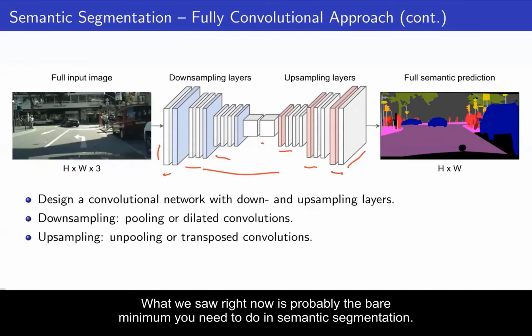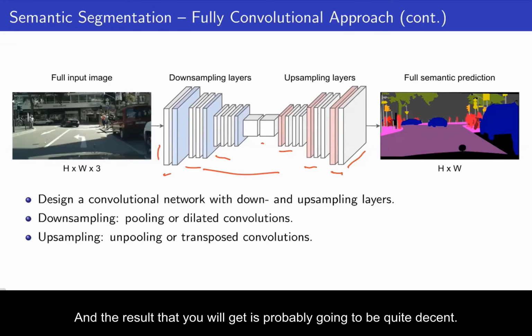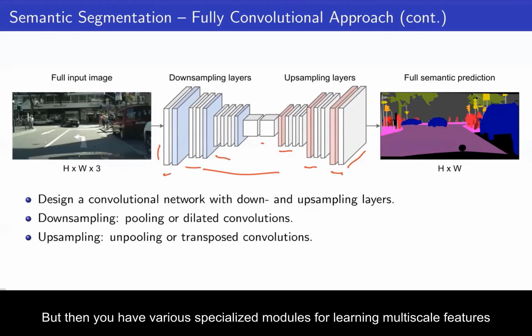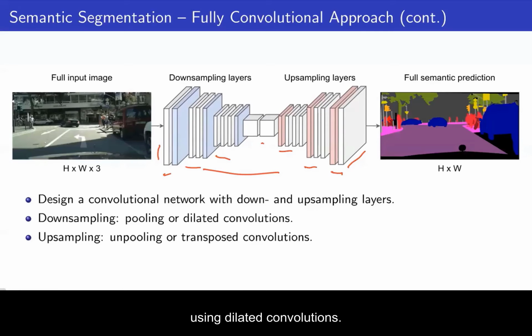What we saw right now is probably the bare minimum you need to do in semantic segmentation, and the result that you will get is probably going to be quite decent. However, state-of-the-art networks are far more complex. Basically, they do the same downsampling and upsampling that you see in this slide, but then you have various specialized modules for learning multi-scale features using dilated convolutions.